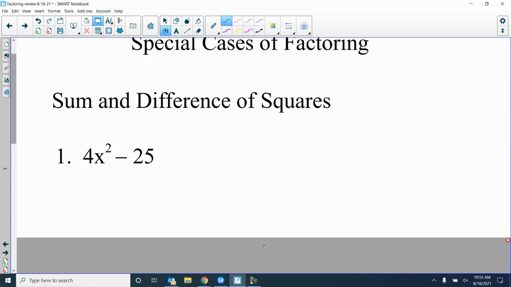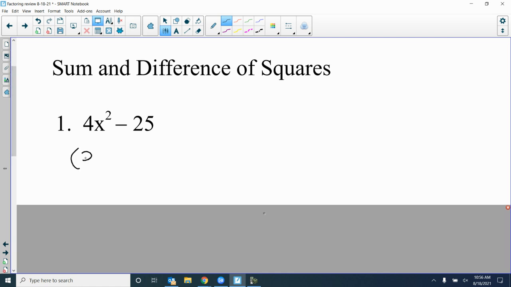You still need to think trinomial, even though you don't have that middle term. You have a square in the front and a square in the back, because 5 times 5 is 25 and 2x times 2x is 4x squared. So remember, this is the case where the factors are exactly the same, except one's going to be a minus and one's going to be a plus.